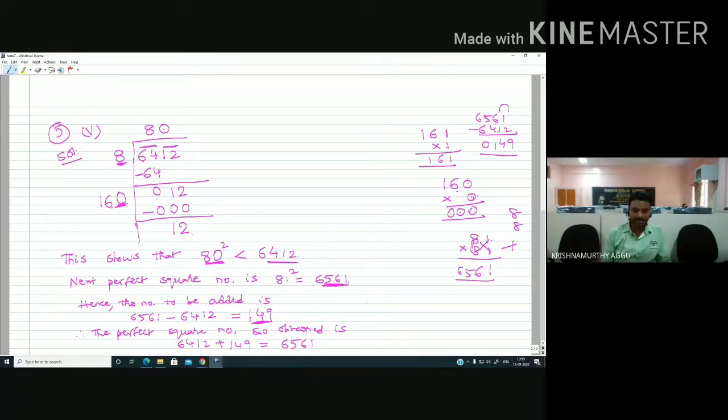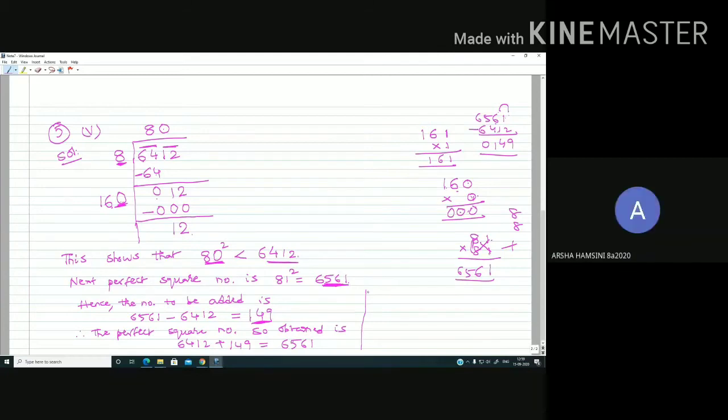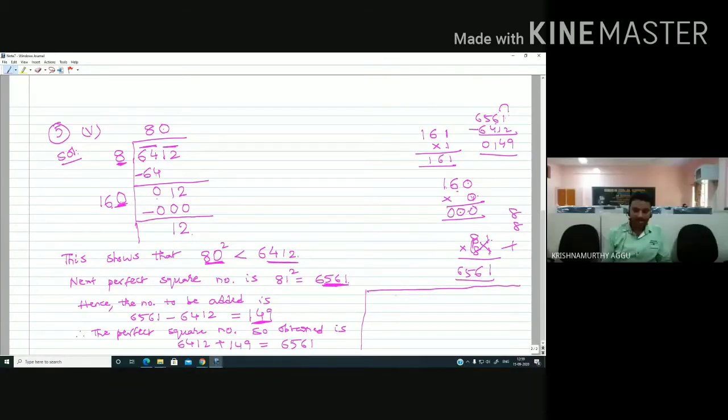Clear to you? Yes, sir. So after that, what you need to do? Hence, the square root of the number we got, 6561. The square root of 81 into 81 will give 6561. If you want to take the square root, you should take this number only once.